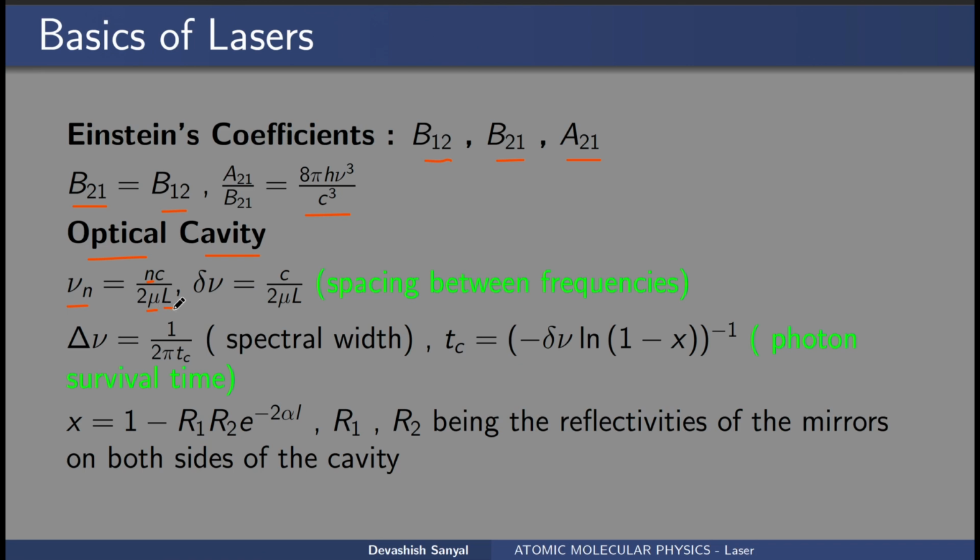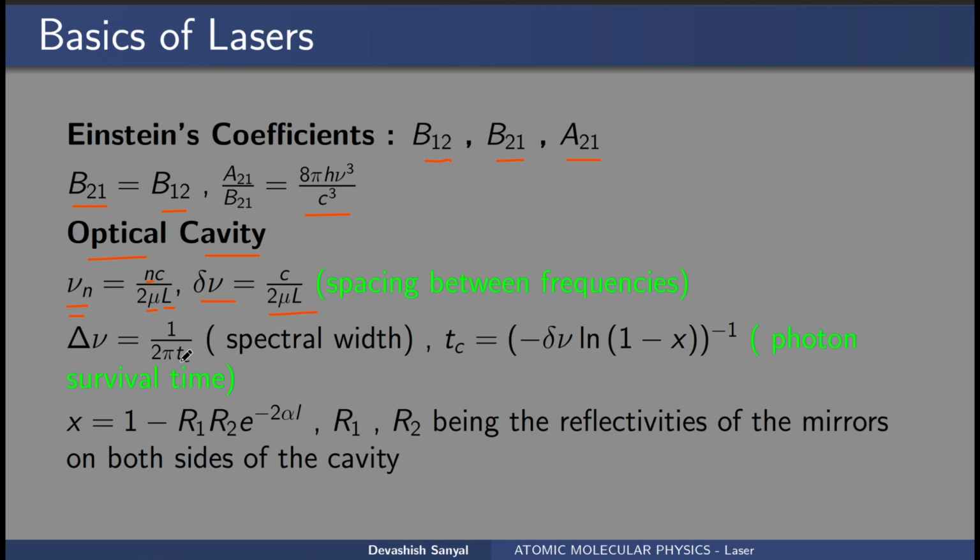So these are the frequencies that can be excited in that optical cavity. The optical cavity consists of reflecting mirrors at both ends, and so the spacing between these frequencies is given by delta nu. This is c divided by twice mu L.